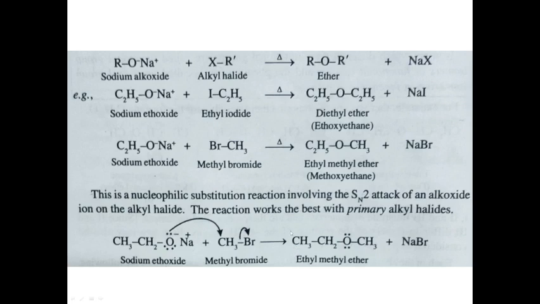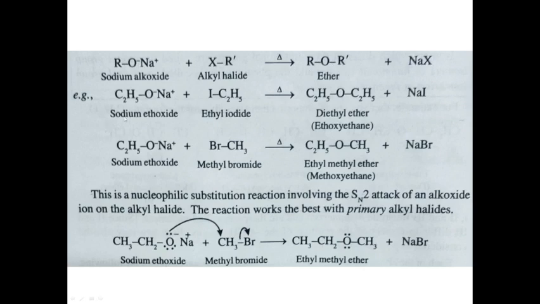Now let us discuss how the reaction is taking place. Here we have taken sodium alkoxide, RO⁻ Na⁺, reacting with alkyl halide RX, and this forms a sodium halide, and what remains will be attached. Then heated, we get ether, with sodium halide as the byproduct.